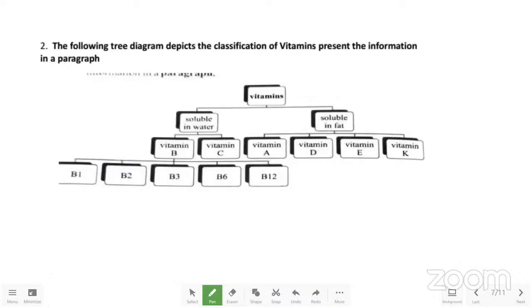Next, the following tree diagram depicts the classification of vitamins. Present the information in a paragraph. There are 2 types of vitamins. Here you need to mention everything. There are 2 types of vitamins.